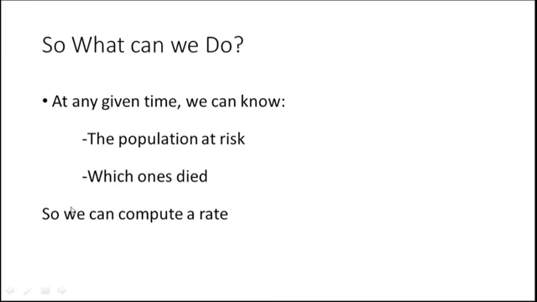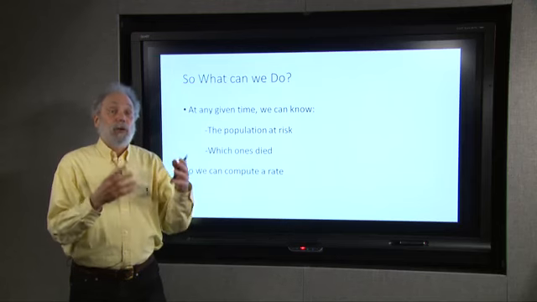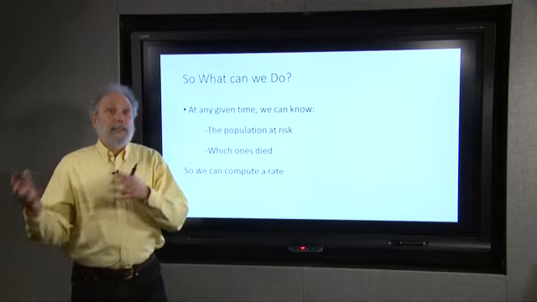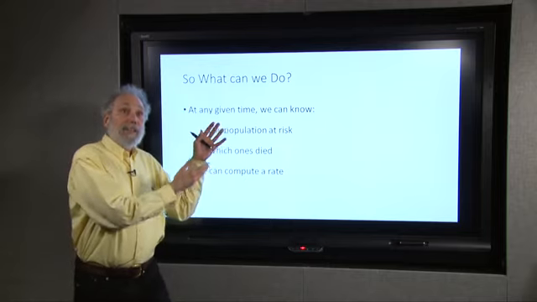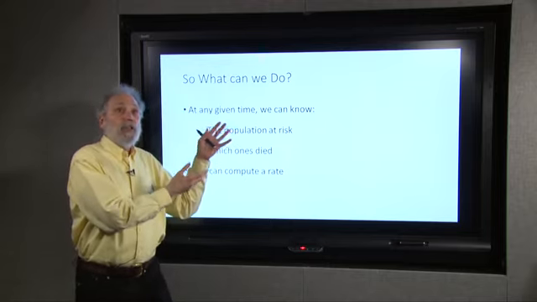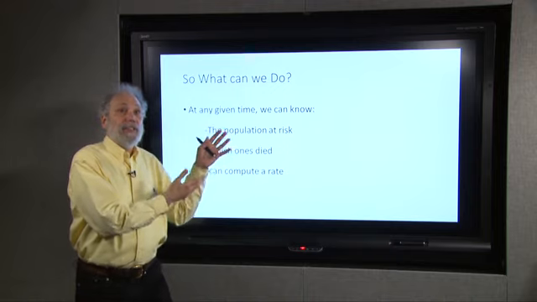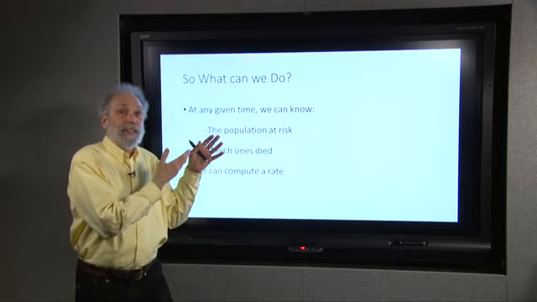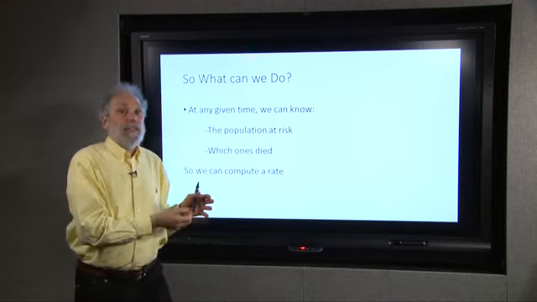So we can calculate these two things without saying anything about their distribution. And so in the next talk, I want to continue on discussing what we can do using these survival rates and these rates of failing.